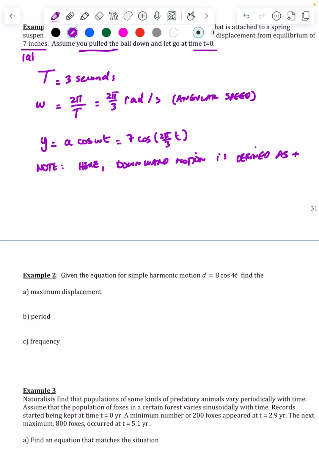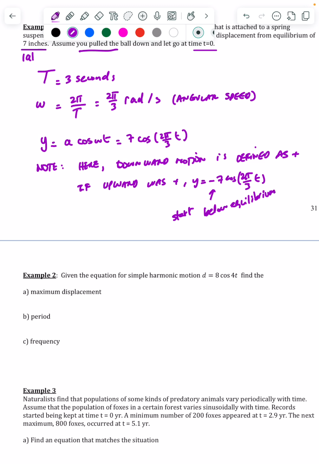If upward were positive, then you'd get y equals -7 cosine of 2 pi over 3 t. Here, in a way, you would be starting at 7 inches below equilibrium. So that's the difference.